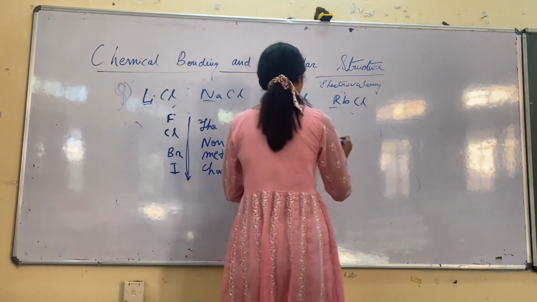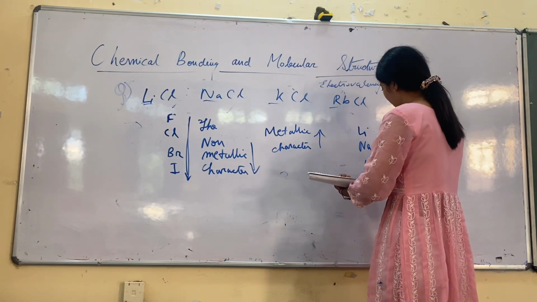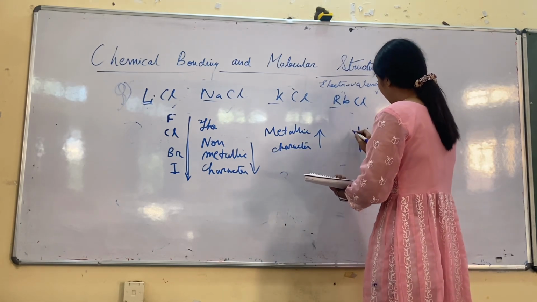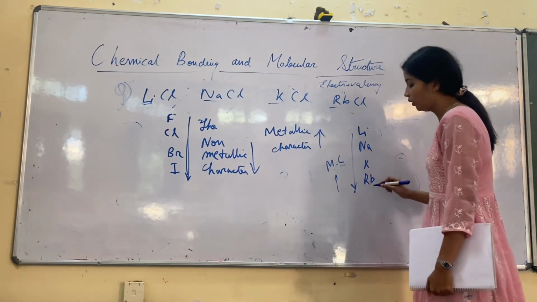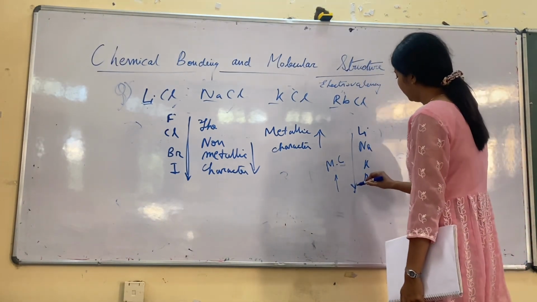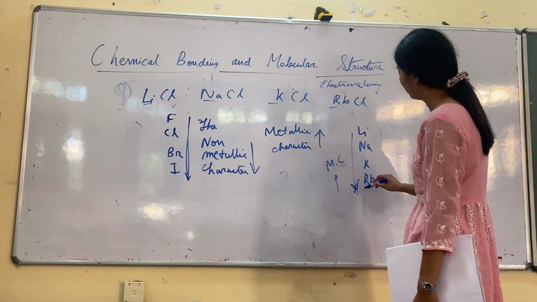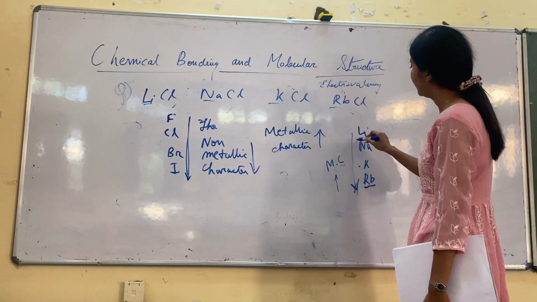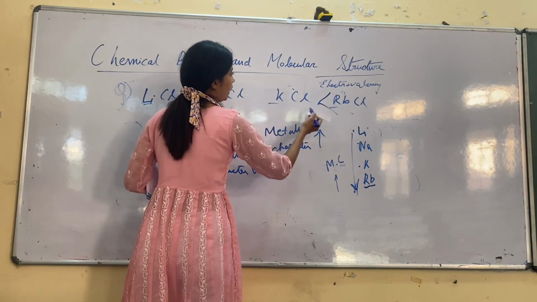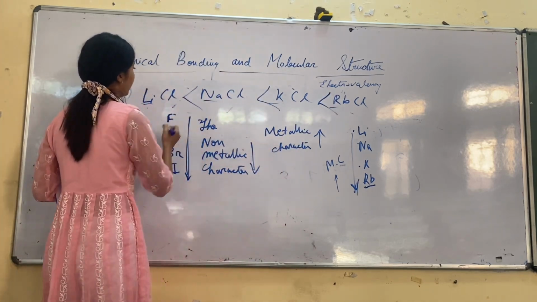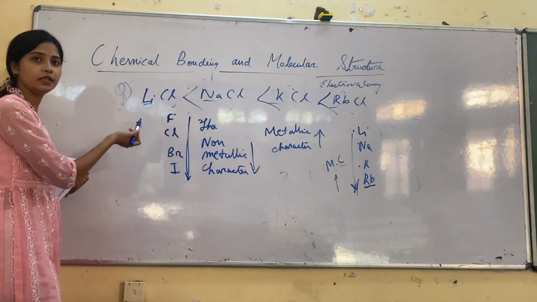So here we can see Li, Na, K, Rb. Down the group, metallic character increases. So the element that has the most metallic character is Rb, K, then Na, then Li. So the trend would be RbCl, KCl, NaCl and LiCl. RbCl is the most ionic and LiCl is the least ionic.